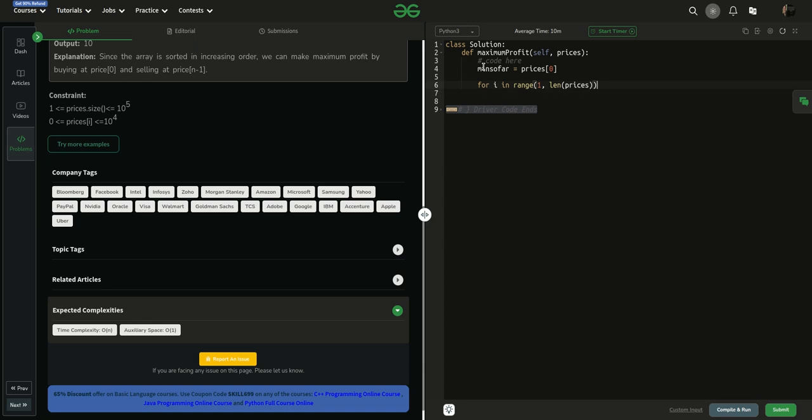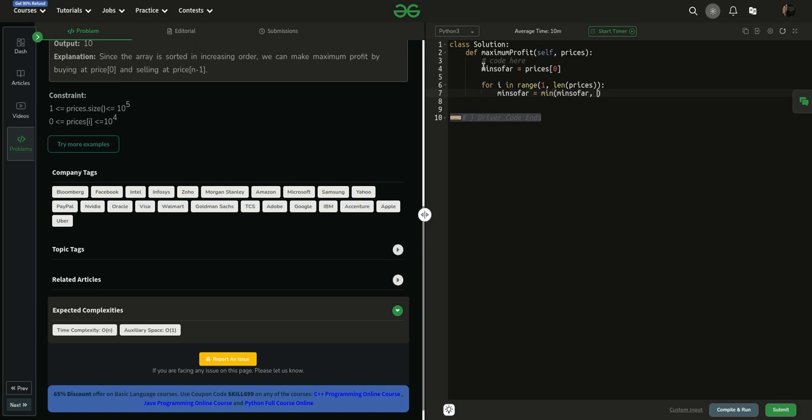Now, whenever we get a smaller value, we will update our minimum so far variable. So how can we calculate the minimum value? We can set minimum so far equal to the minimum of minimum so far and prices of i.